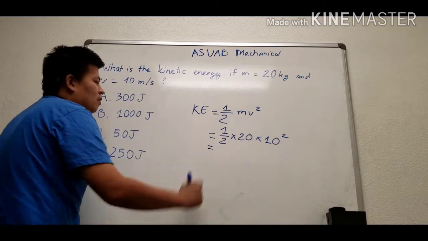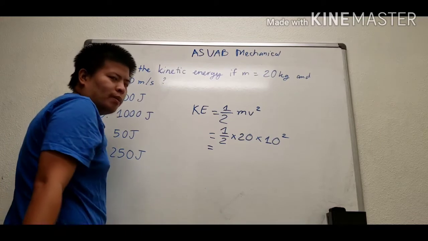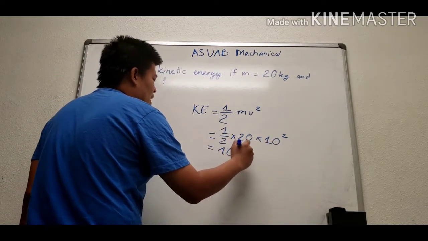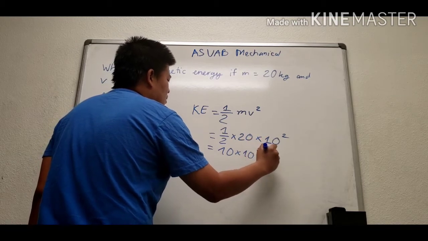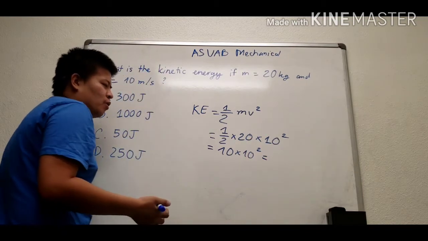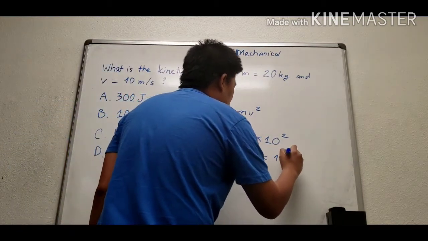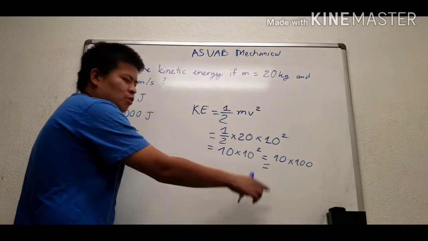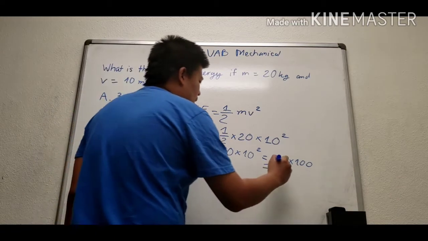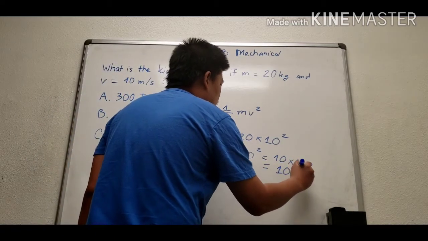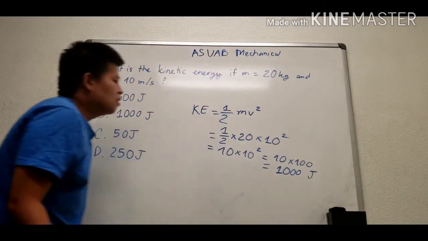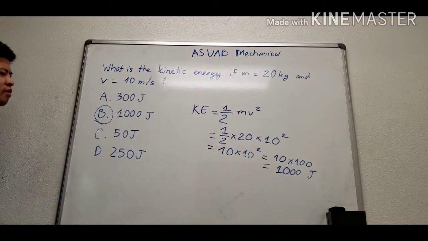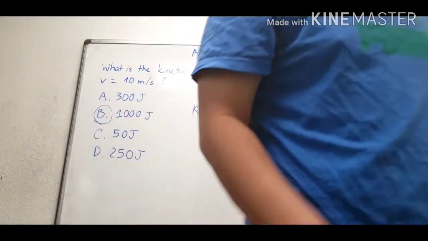So we have 1/2 multiplied with 20 is about 10, and we have 10 power 2. 10 power 2 is about 100. So that we have 10 multiplied with 100 is about 1000. So the answer for this question is B.